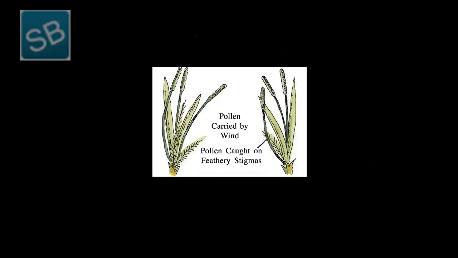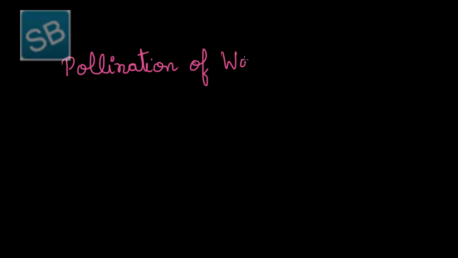This figure depicts the flowers which carry out pollination by wind. As can be seen from the figure, the pollen from one flower reaches the other due to the presence of feathery stigma via wind. Now let us understand the second pollinating agent, that is pollination by water, which is known as hydrophily.